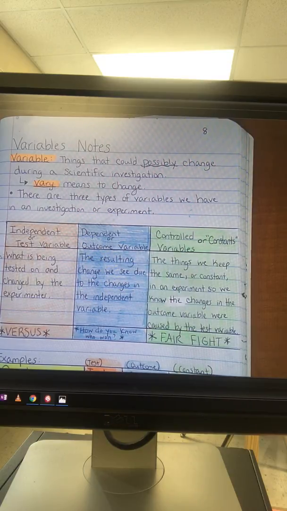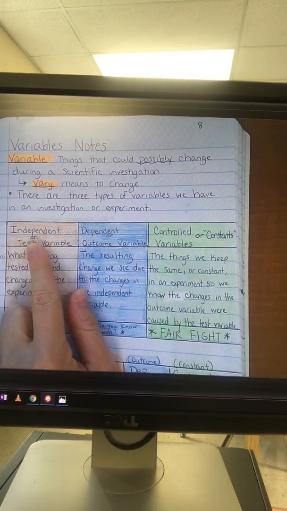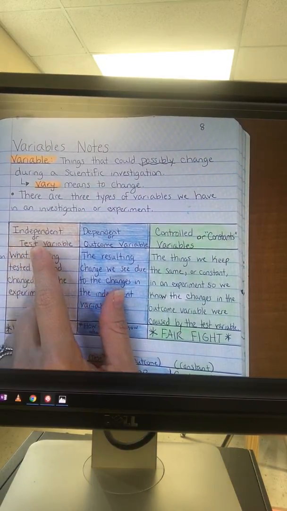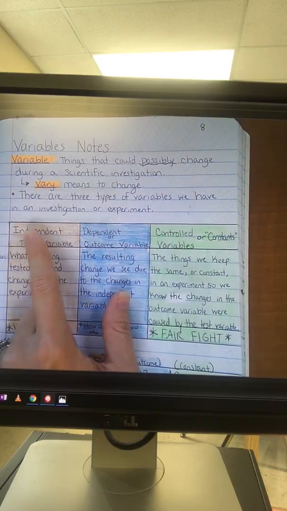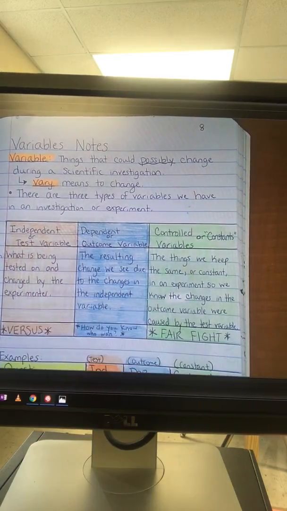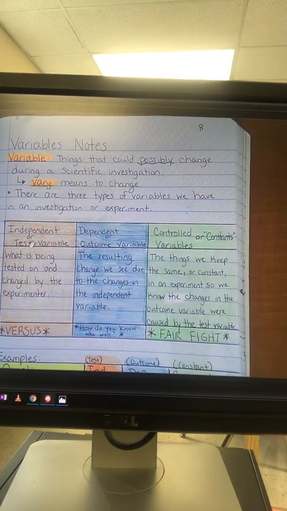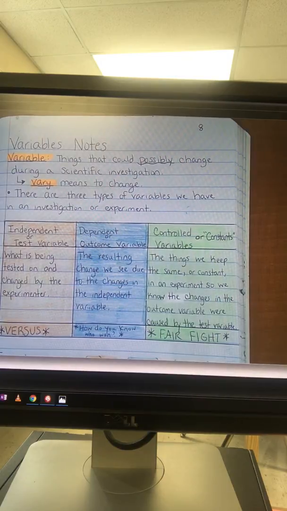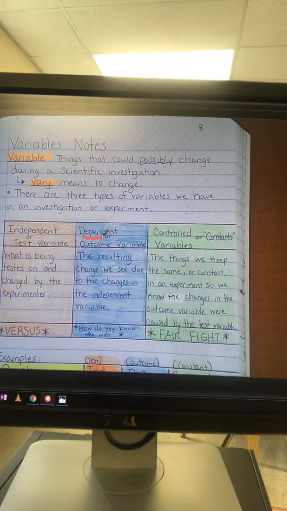Okay, so there are 3 types of variables that you have in an investigation, in an experiment. That is the independent or test variable, and these are synonyms. Sometimes your test calls it independent variables, and sometimes test variables, and you will have to know them as both. Then you have your dependent variable, also known as your outcome variable.